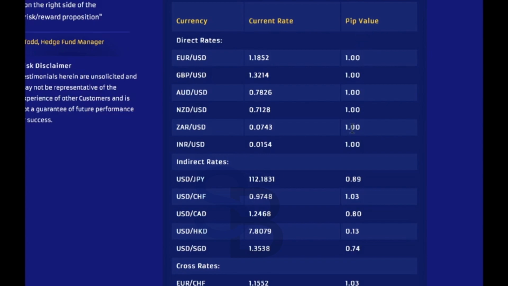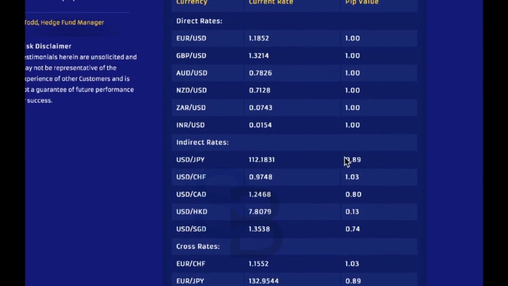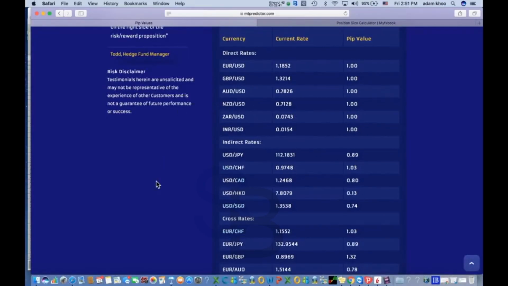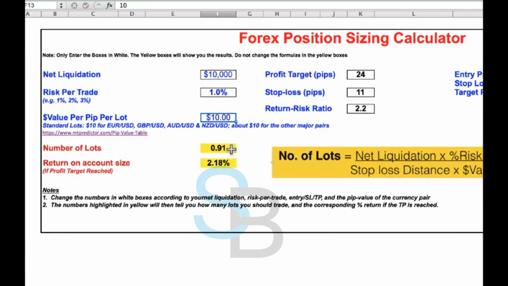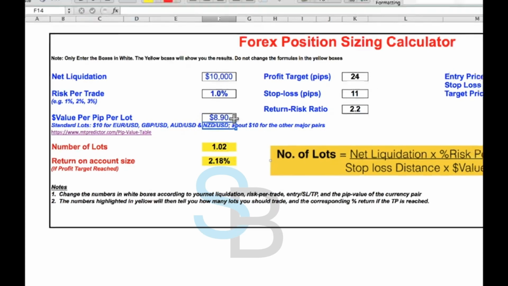This pip value is based on 10,000, right? So for one standard contract is 100,000, you have to multiply by 10. So if you're trading, for example, the dollar yen, all right, it'll be 0.89 times 10, that'll be $8.90, sorry, my bad, 890 times 10, so 890, okay?